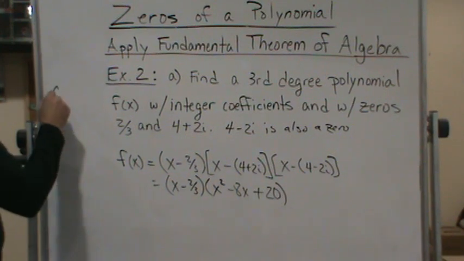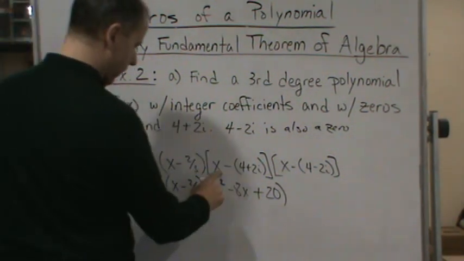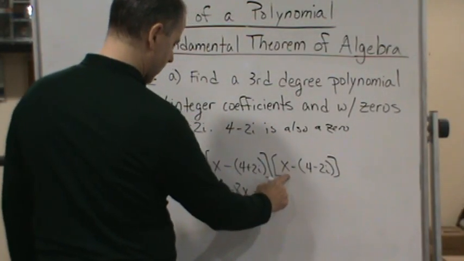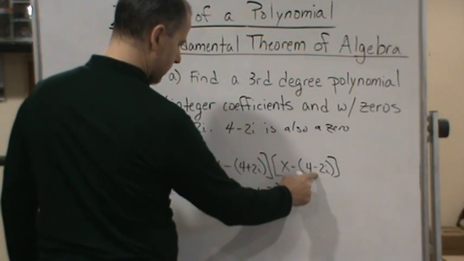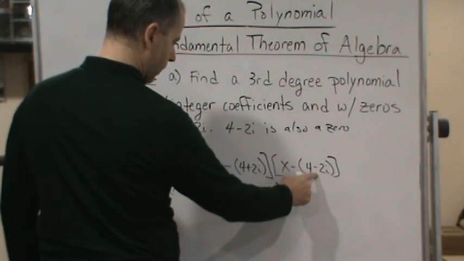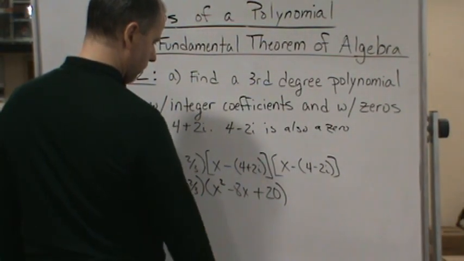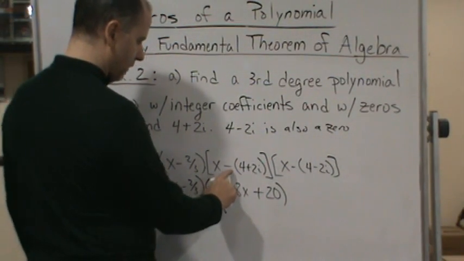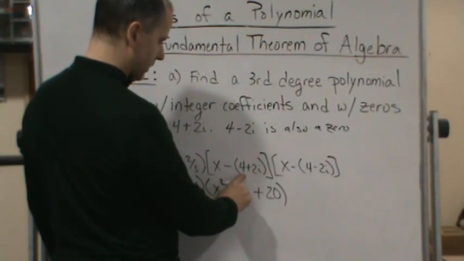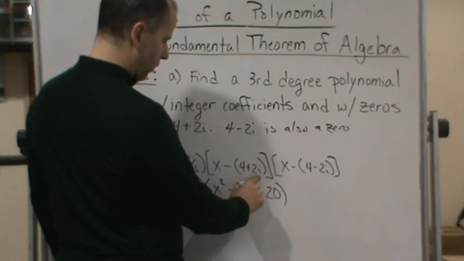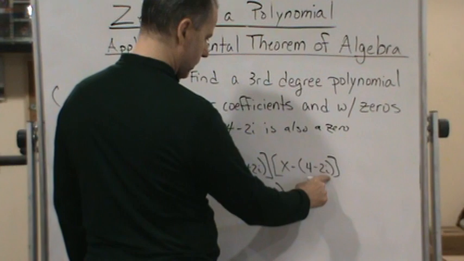If you don't, let's just do the formula. So x times x gives us x squared. Then we've got x times this, and x times this. So this is going to give us minus 4x minus 2ix minus 4x plus 2ix.